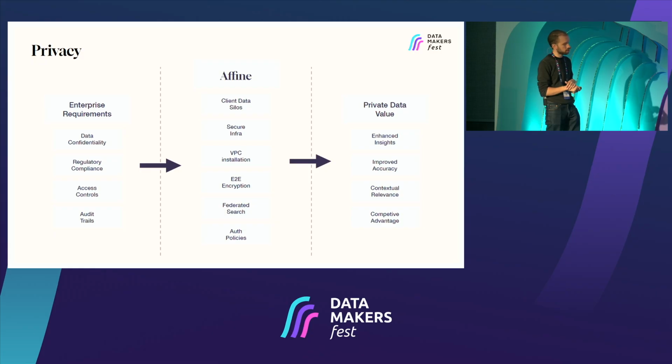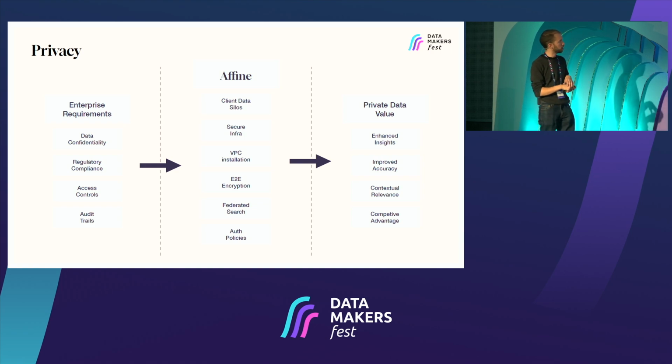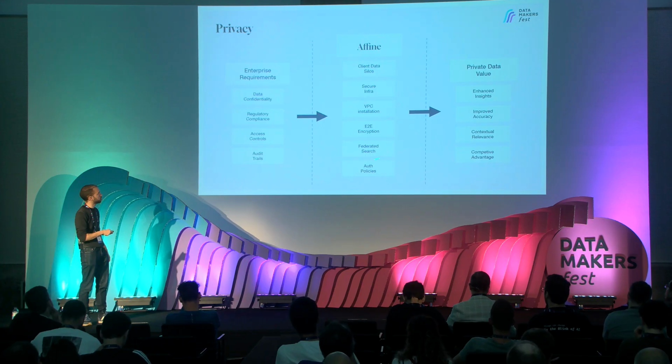Federated search here is used to query public sources and then query private sources and then fuse them together. So we don't have to have all our public data stored in our client's VPC.